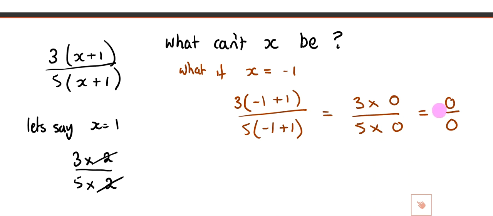Anything divided by itself is 1, right? But we've had this debate before. We're not allowed to divide by 0. So, we've got some issues there.